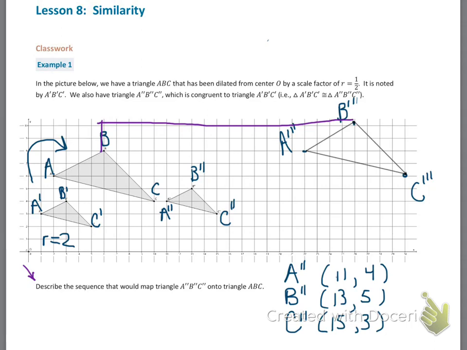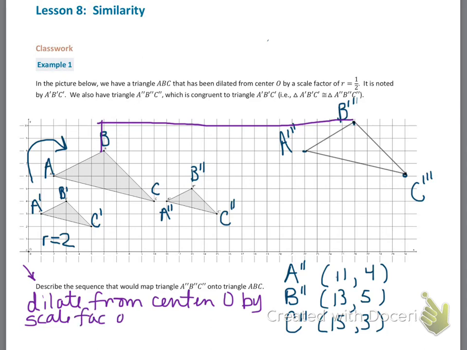So that sequence is: dilate from center O, the origin, by a scale factor of R equals 2, so there's our dilation, followed by a congruence.